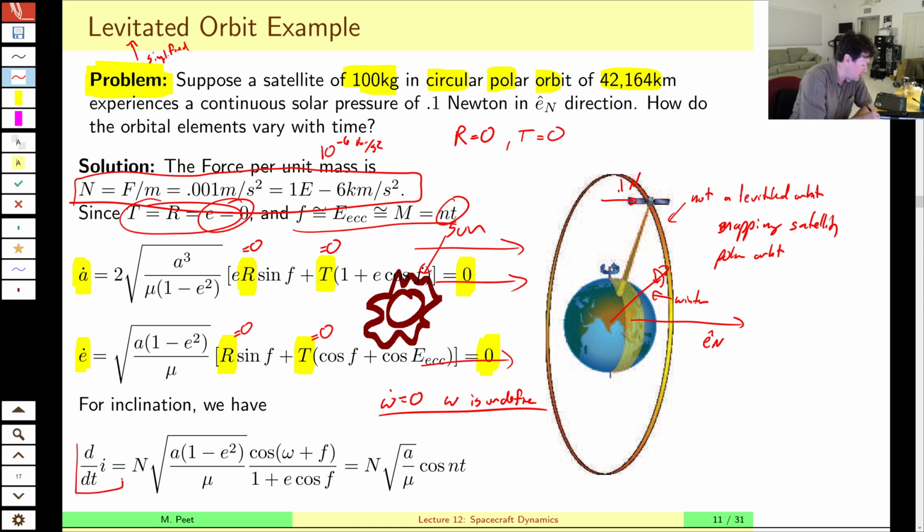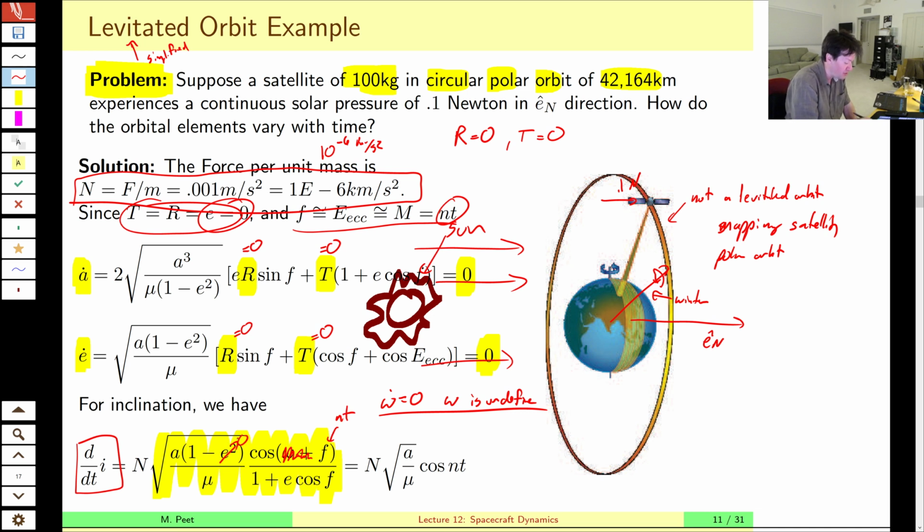Next, we look at inclination. Now we do expect significant changes to inclination, and so, armed with our formula for inclination changes, we have this big nasty expression here. Fortunately, in our case, most of these things we can get rid of. There's no argument of periapse, so this is just nt.